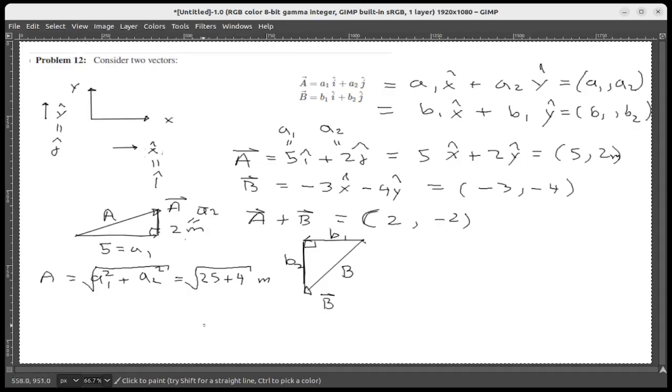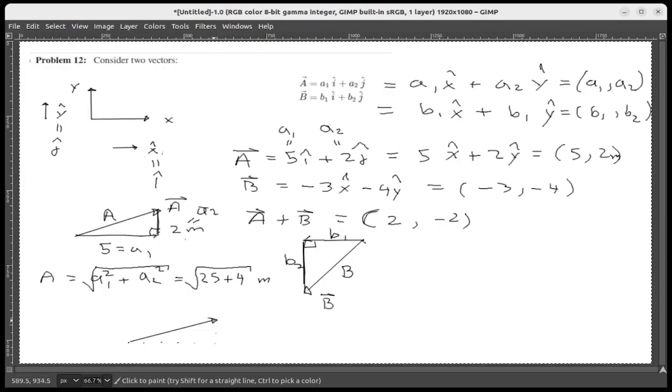Let's see if we can try to just sketch this out for ourselves. So we could do our vector A. So let's go 1, 2, 3, 4, 5 in the x direction, and then up 1, 2 in the y direction. So this is our vector A. And then to that we're going to add our vector B. So from here I'm just going to do tip to tail addition.